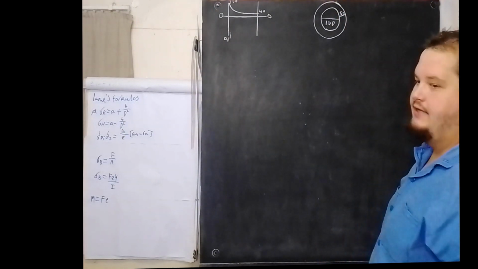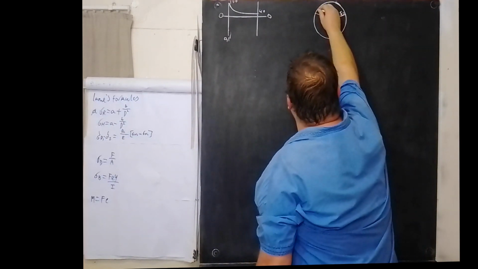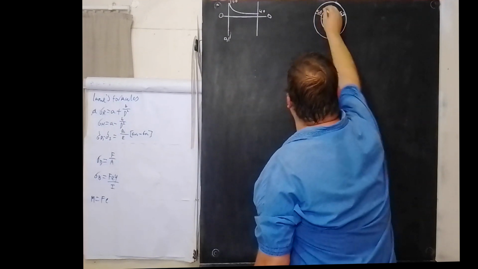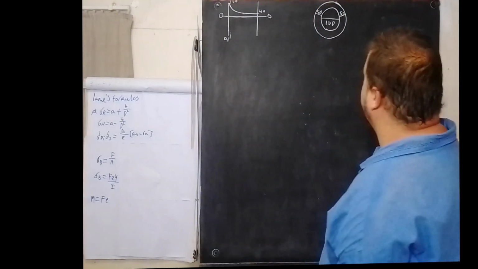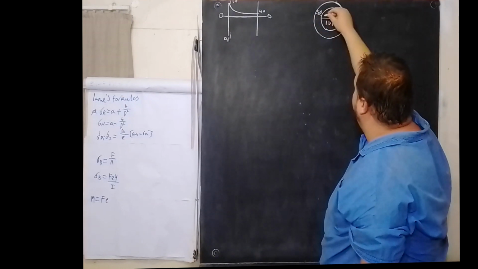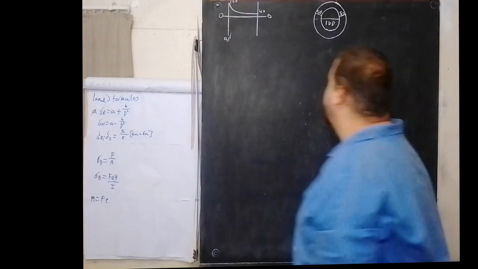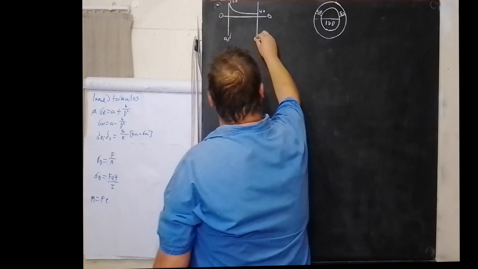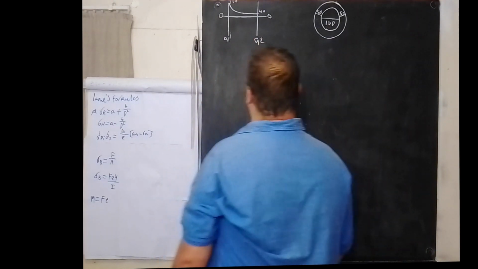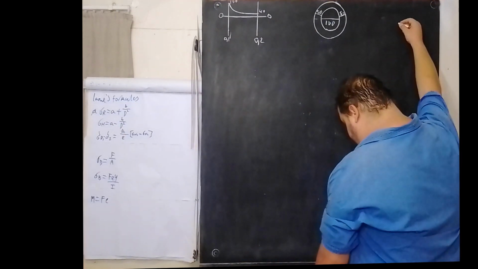If we want to get a diameter, because the wall thickness all the way through is 50, we're going to have to go 50 plus 100 plus 50, which is equal to 200. So we have 0.2.